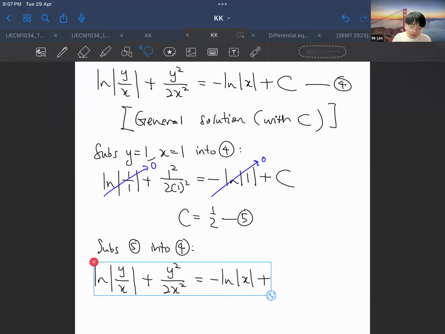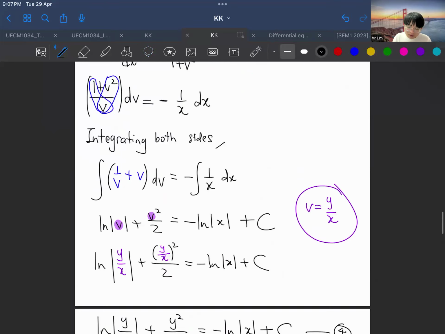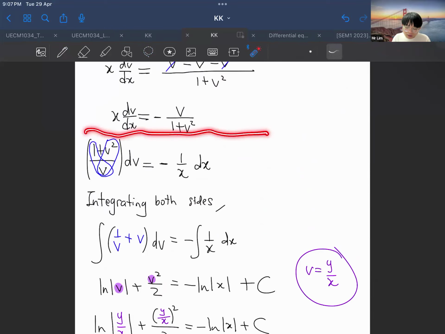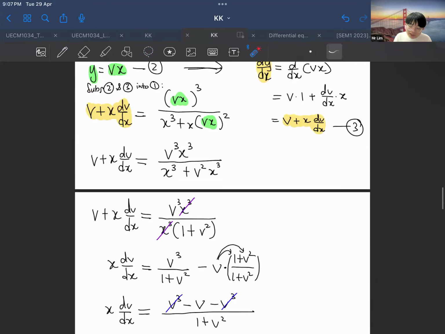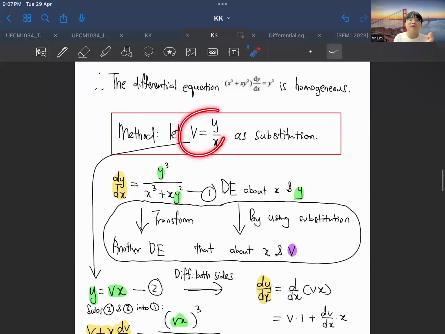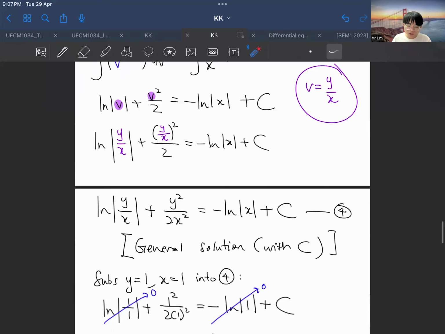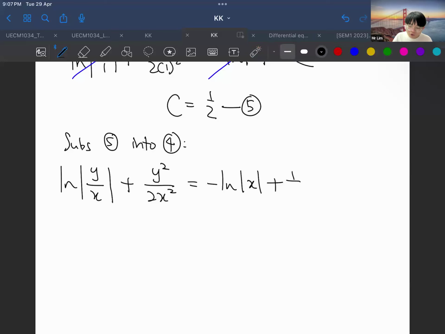Actually, until this part, after you are able to determine the substitution format, so what to substitute, everything is just what you have learned, or what you should have learned.